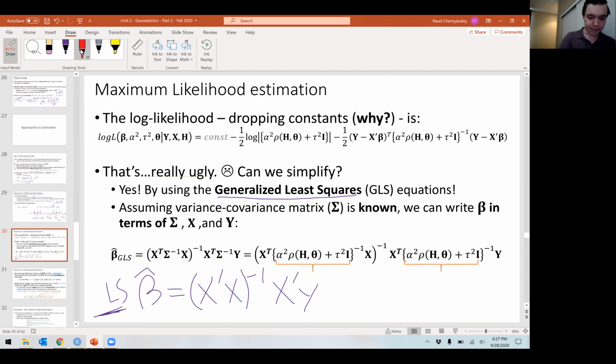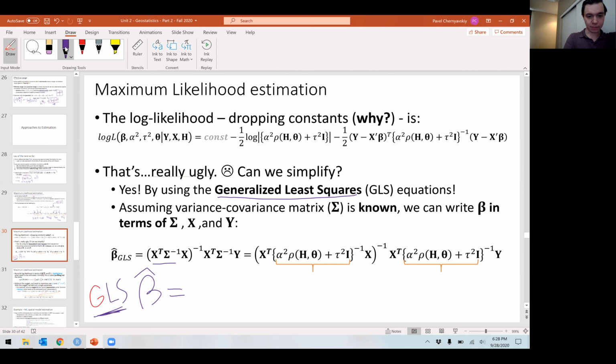Instead of the identity matrix right there, which of course has zeros on the off diagonal, we put in our sigma inverses. So the generalized least squares estimator that allows for spatial correlation looks like this.